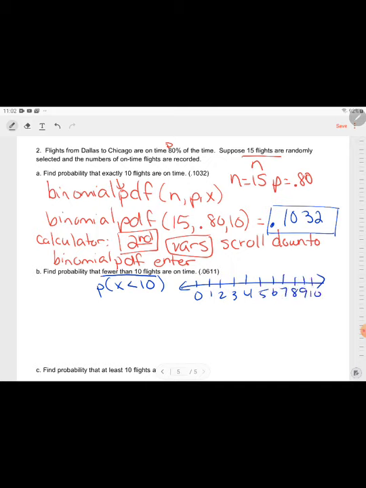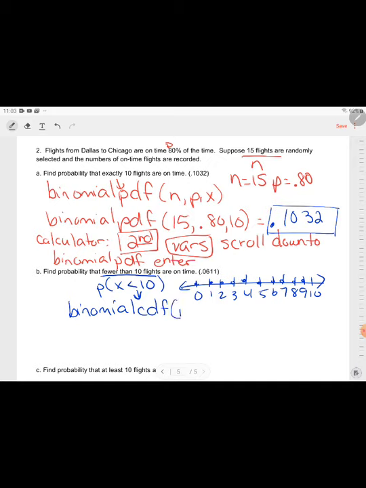So what we have is we could have 0, 1, 2, 3, 4, 5, 6, 7, 8, 9, and not include 10. Okay, so on the calculator, we're going to do a binomial CDF. All of our inequalities, we're going to use C for if it's an inequality, P if it's an equal, C if it's a greater than or less than. And in this case, it's less than.